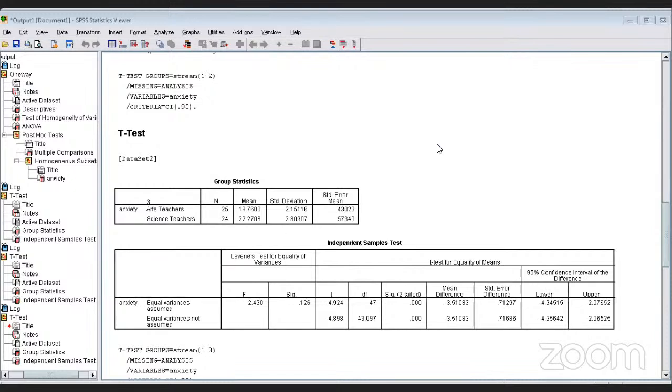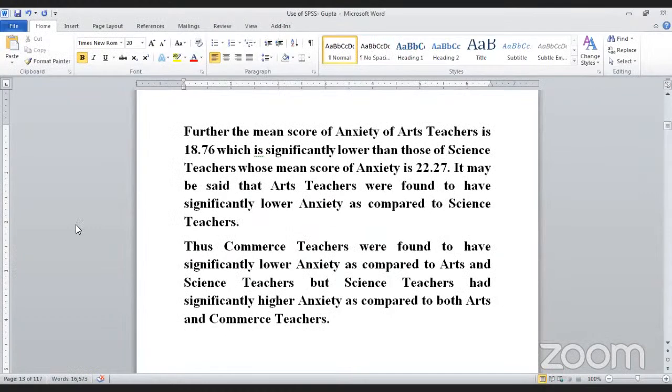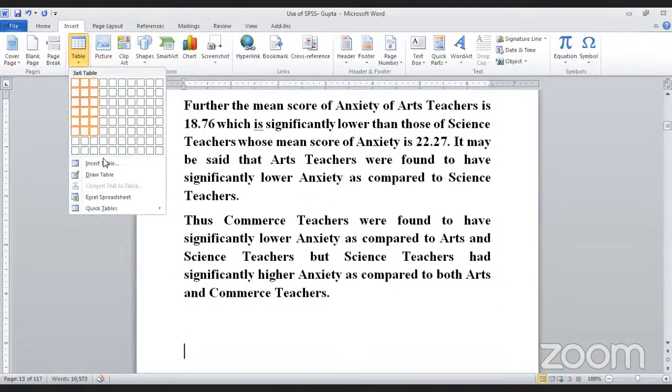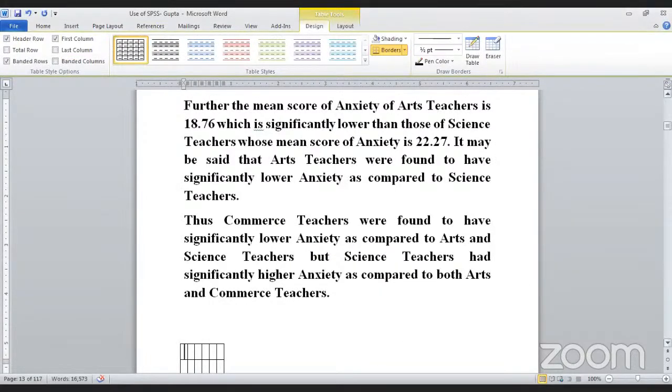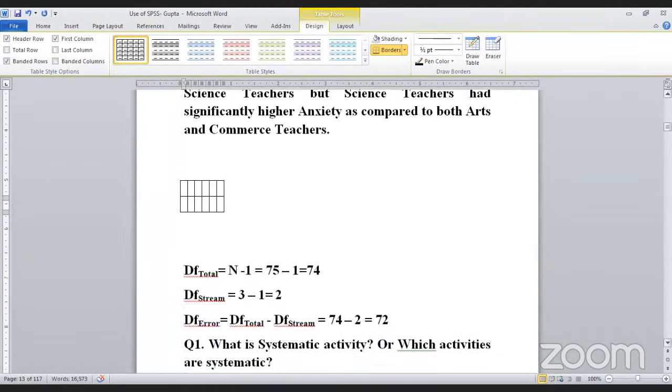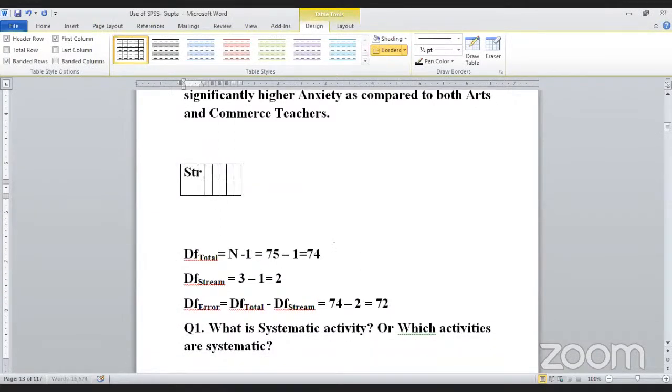So now let me write these values. I have to make a table here. So let me insert a table here. Stream.